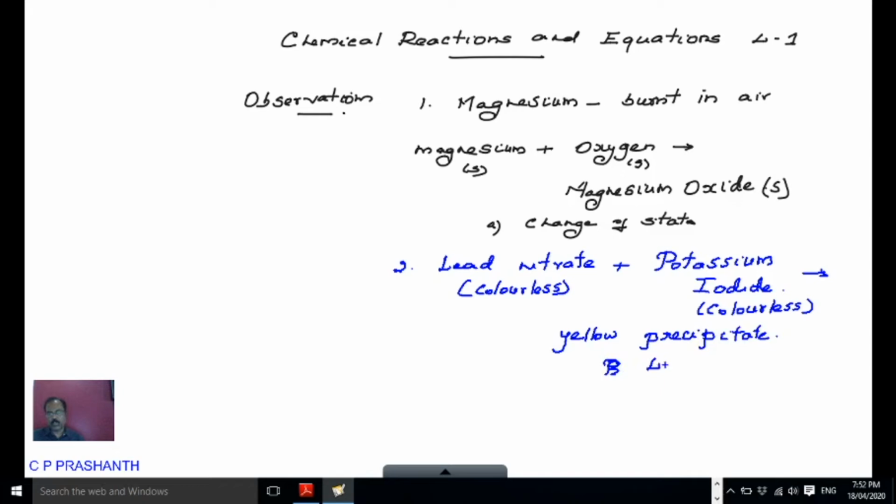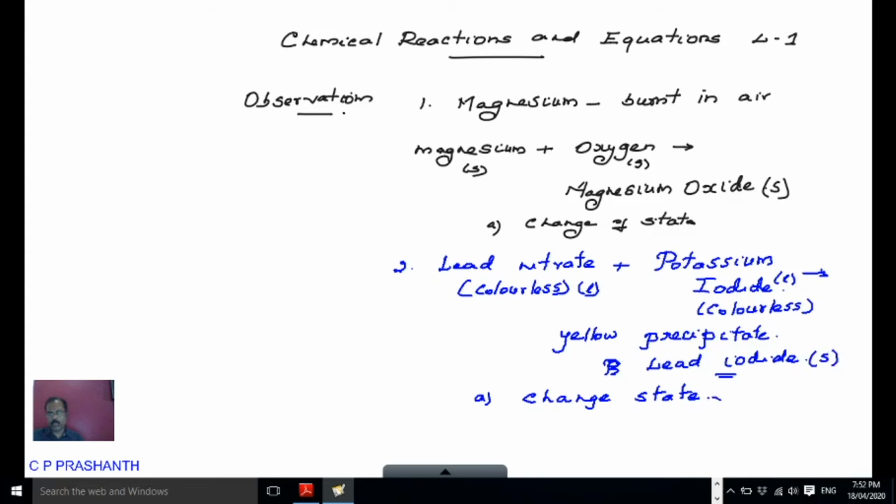Now let us examine once again the changes which have taken place when this reaction happened. You can see there is a change of state because lead nitrate and potassium iodide are in solution state, and the product is a solid, lead iodide.